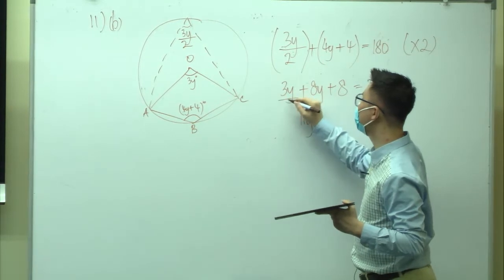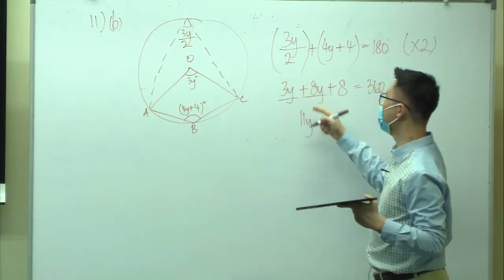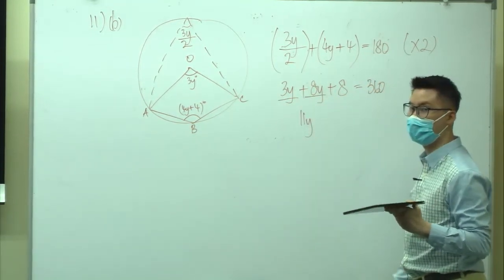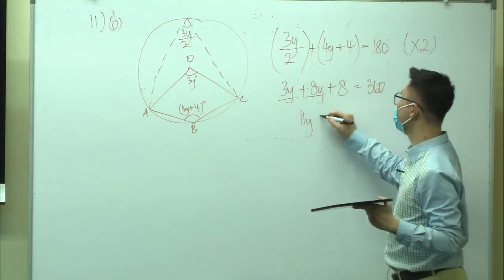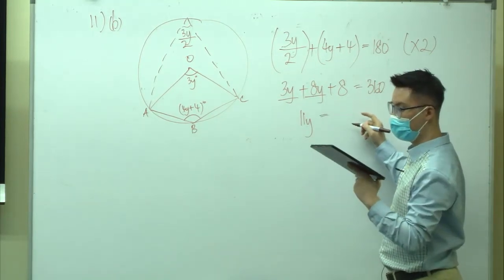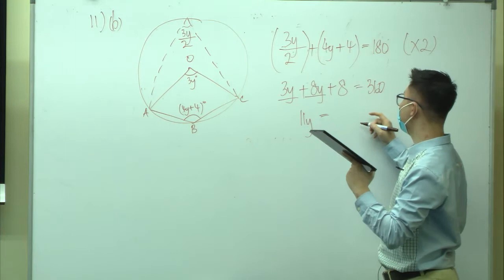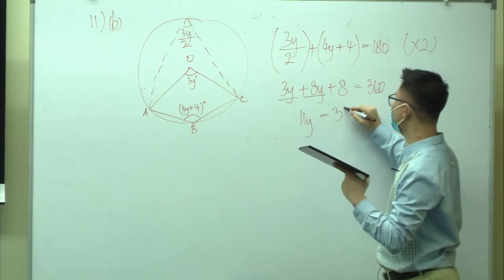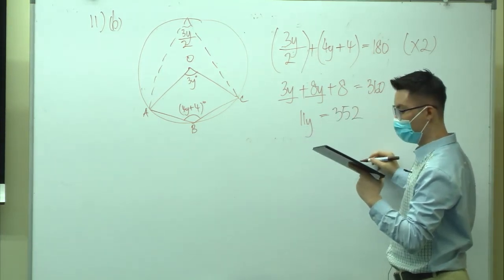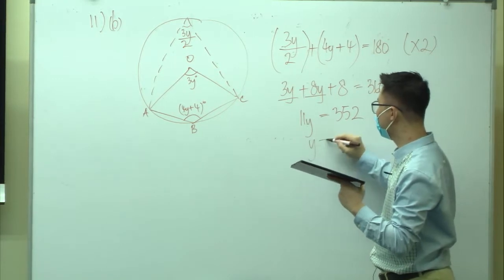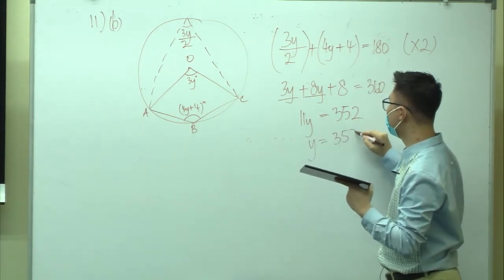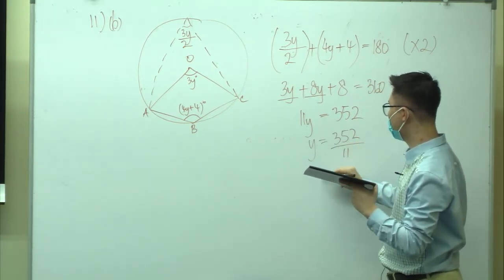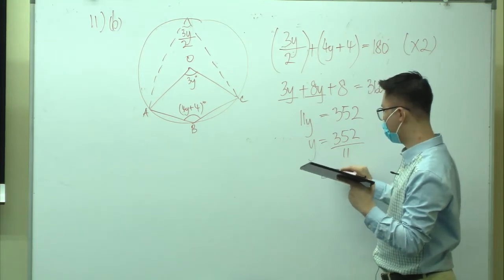These are like terms, which we can add together. What do you get? 352. Finally, your y is 352 over 11. Now you got 32.